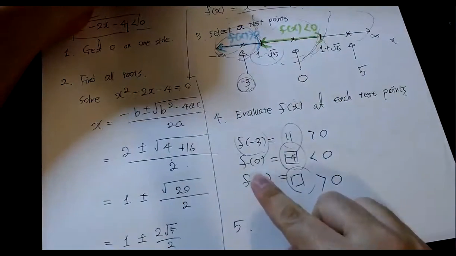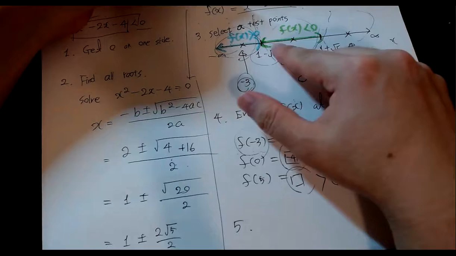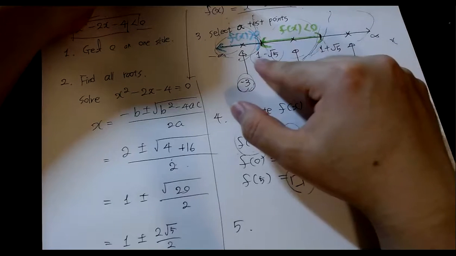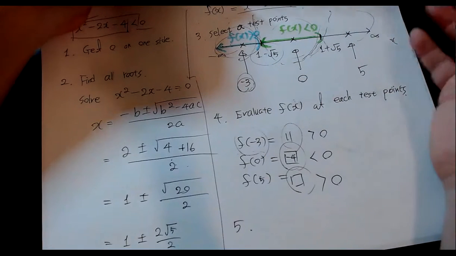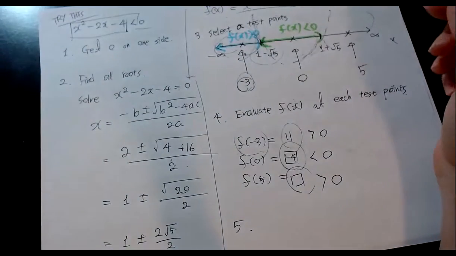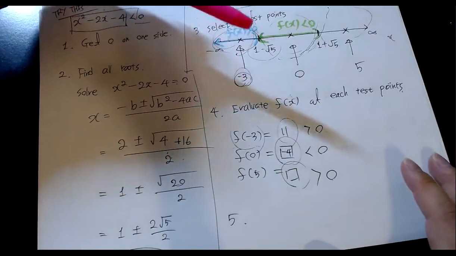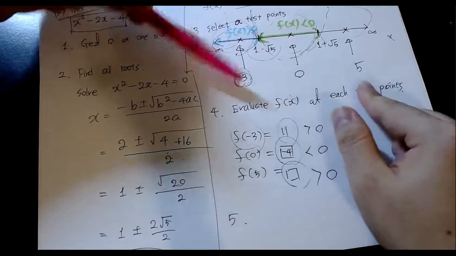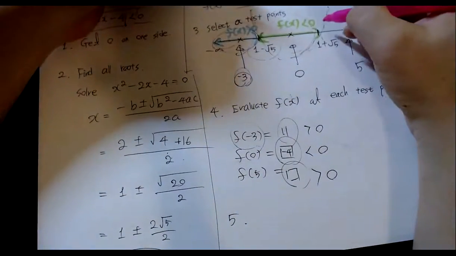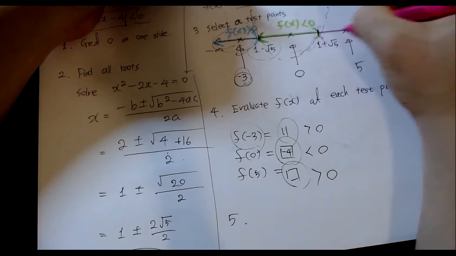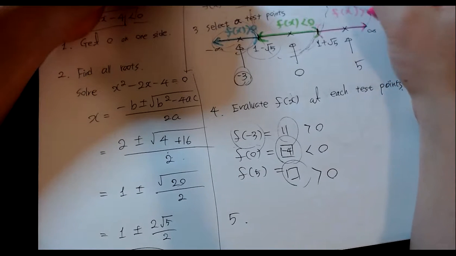Because f of 0 is less than 0, not only 0 but every single x value between 1 minus square root 5 and 1 plus square root 5 has a function value less than 0. We chose negative 3, 0, and 5 randomly. For the third subinterval, 1 plus square root 5 to infinity, f of x is greater than 0.